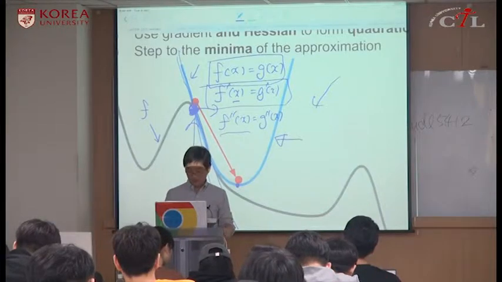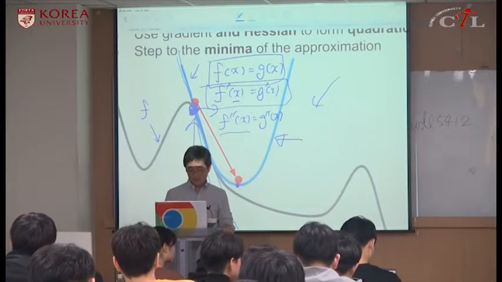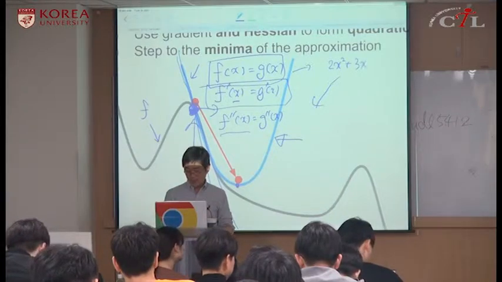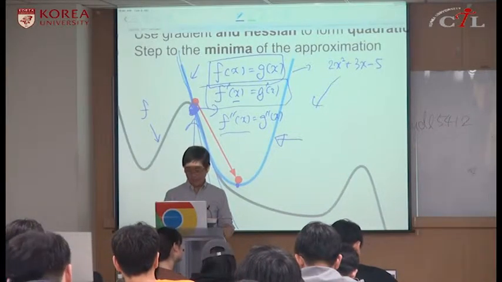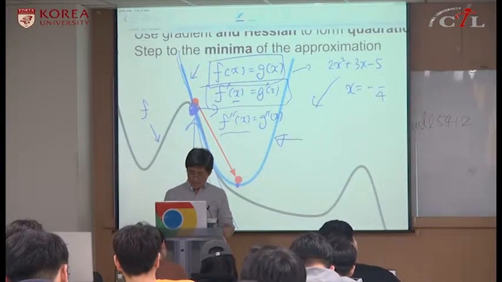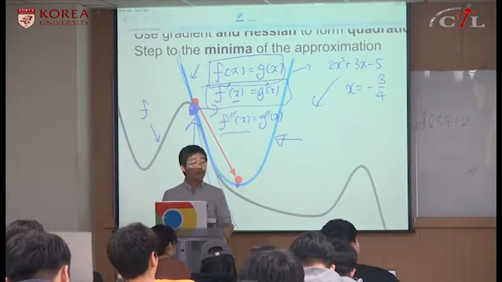If we approximated this graph as 2x squared plus 3x minus 5, then the minimum point will be easily computed as negative 3 over 4, right?